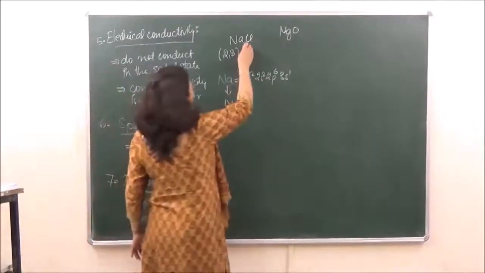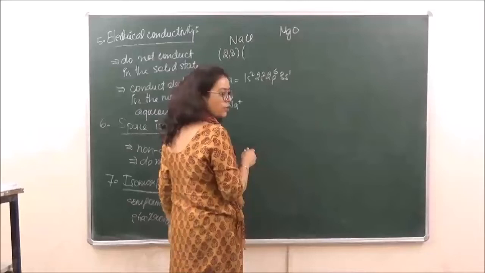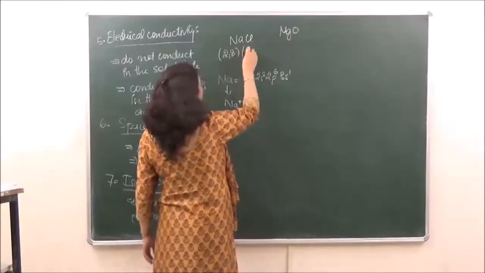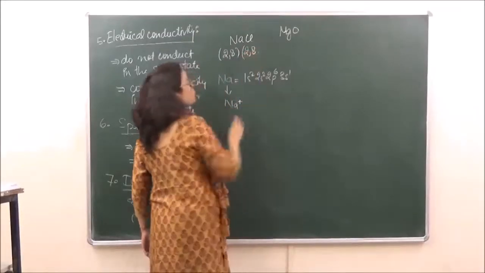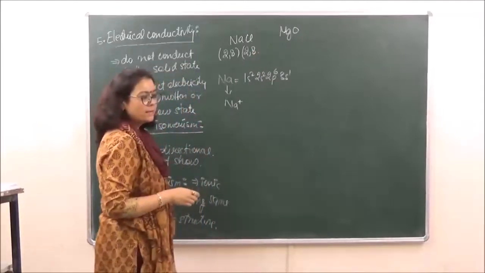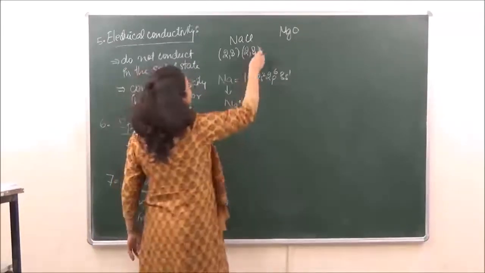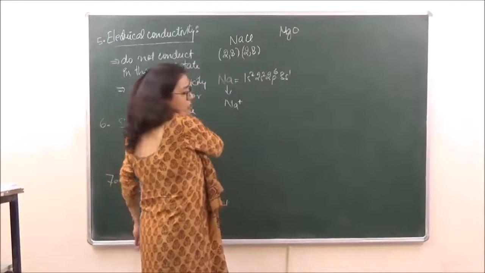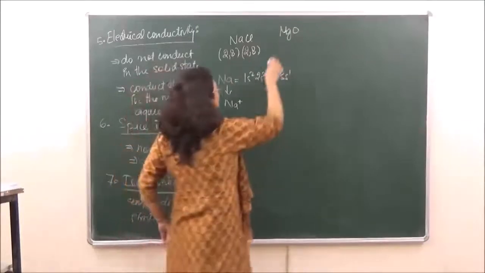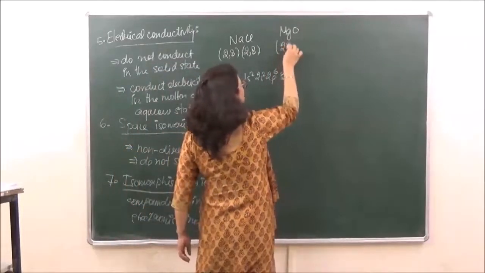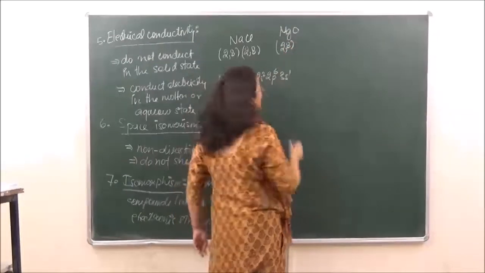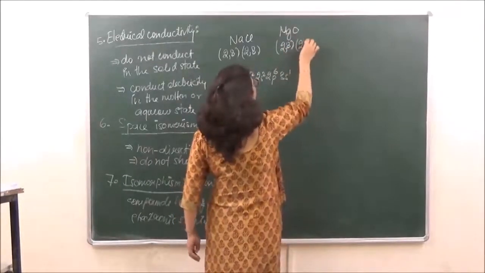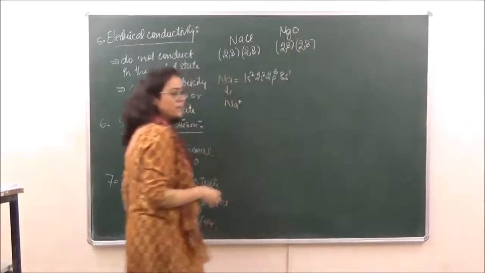Similarly, the electronic configuration of chlorine ion is also going to be 2,8 in the outermost shells. In magnesium also the electronic configuration is going to be 2,8, and in oxygen also it is going to be 2,8.